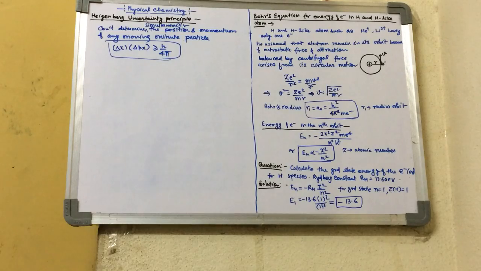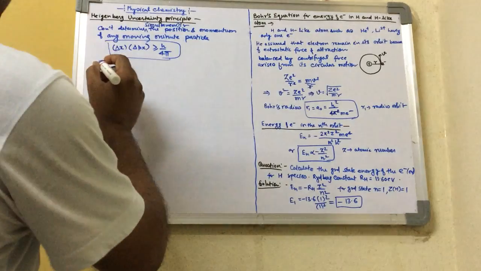So he derived an expression which calculates the wavelength lambda of any particle with mass m moving with velocity v. Lambda is equal to h upon mv.